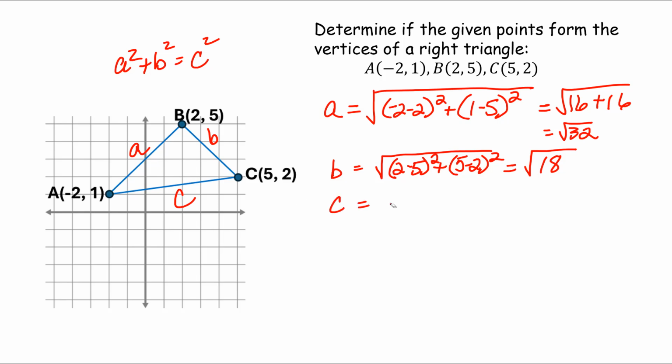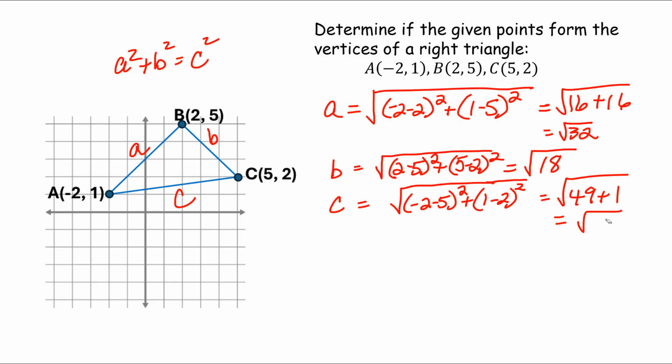And then c, the distance between points A and C. The difference in the x's is -2 minus 5, quantity squared, and the difference in the y's is 1 minus 2, quantity squared. That gives us the square root of 49 plus 1, which is the square root of 50.